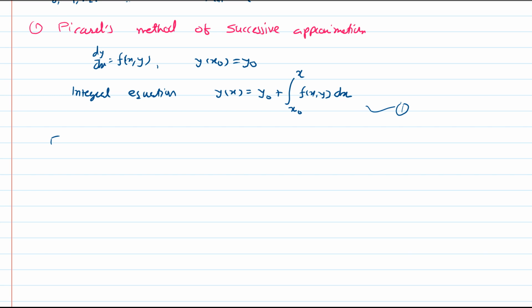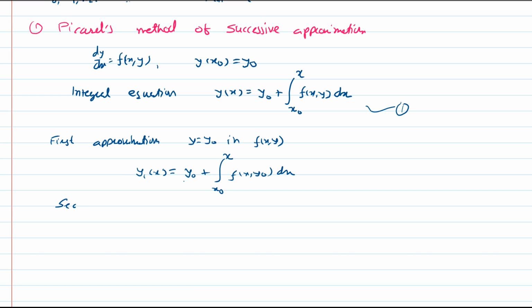Now for the first approximation, we put y equals y0 in the function f(x, y). So from equation 1 we get y1(x) equals y0 plus the integral from x0 to x of f(x, y0) dx.